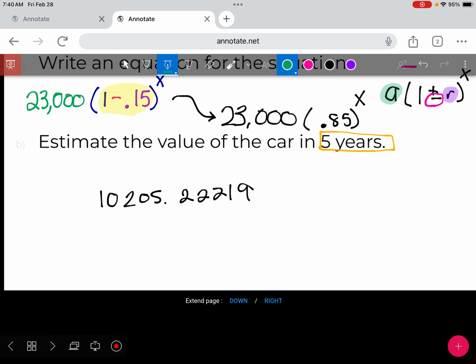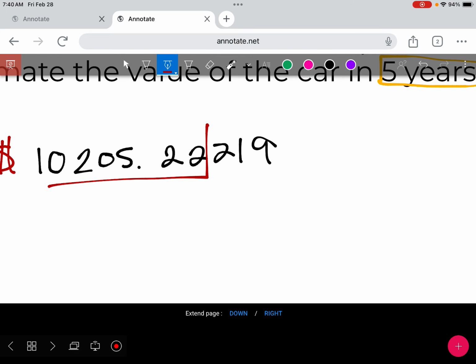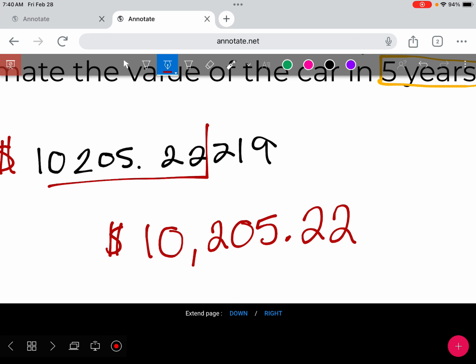Where do we round this off? 2 decimal places, because this is all money. So if I round it at 2 decimal places, we're going to have $10,205, and how many cents? 22 cents.